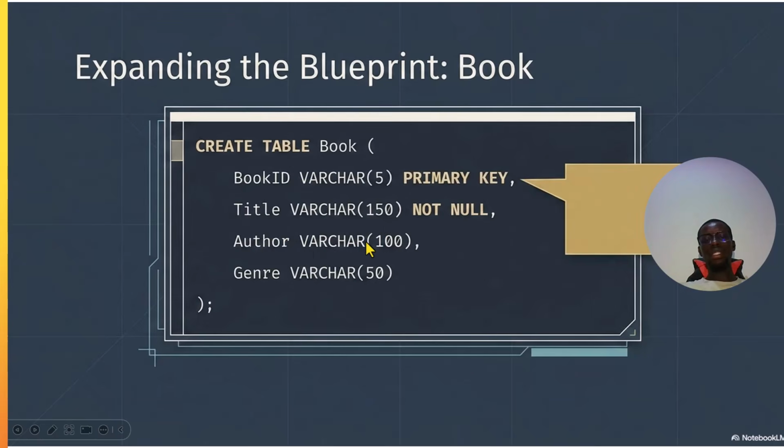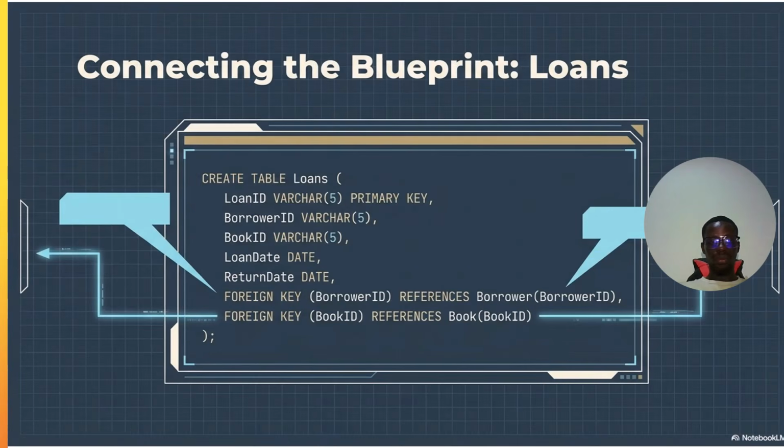Then the author's name, then the genre, which is whether it's a novel or whatever, you put that here, and then you connect both two. So this is a junction table, so you are connecting two tables.